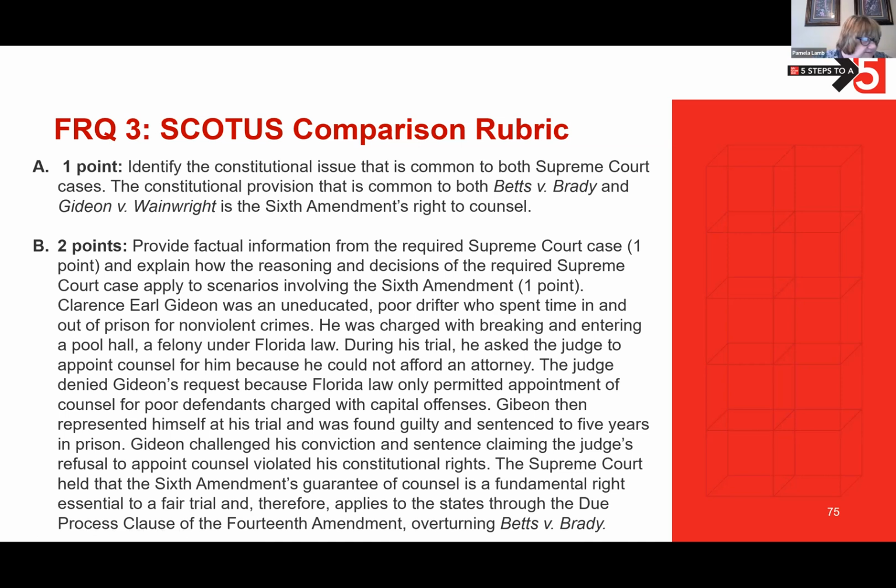And then in the last part of it, Gideon represented himself, was found guilty, sentenced. He claimed that the fact that the judge did not provide an attorney meant that his constitutional rights had been violated. The Supreme Court, looking at that case, said that the right to a fair trial is essential, and therefore, under the Due Process Clause of the 14th Amendment, they overturned Betts versus Brady.